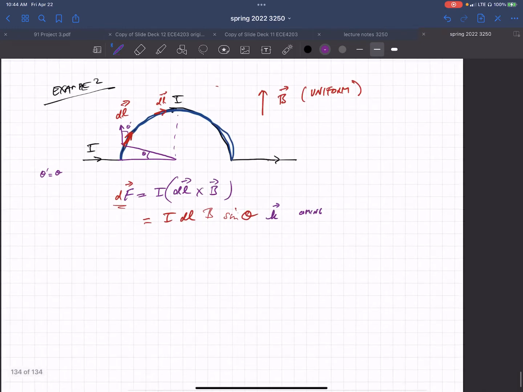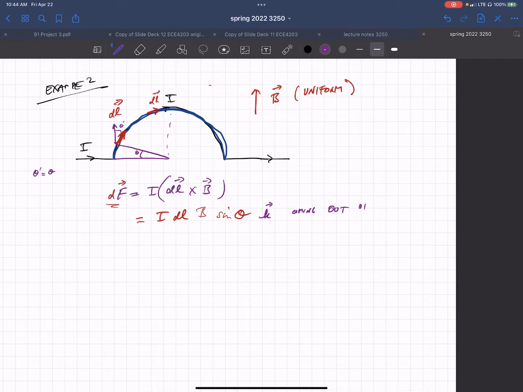Basically, sine theta prime is the same as sine of theta, so it's equal to I dl B sine of theta.